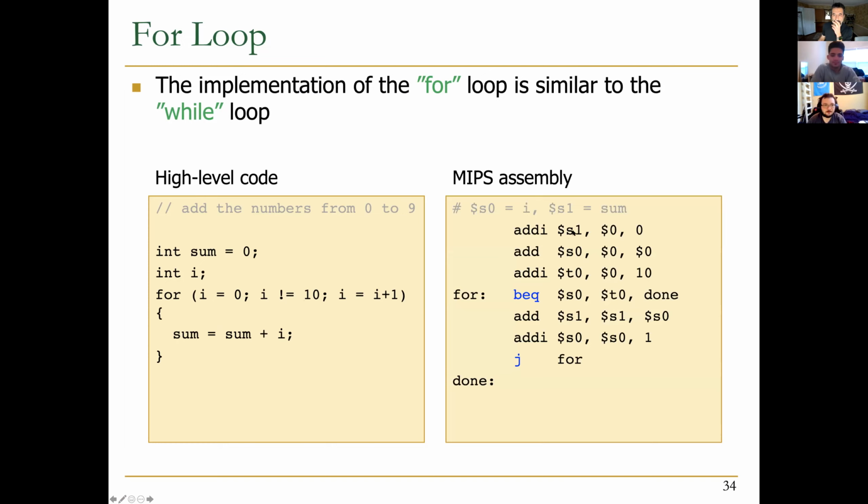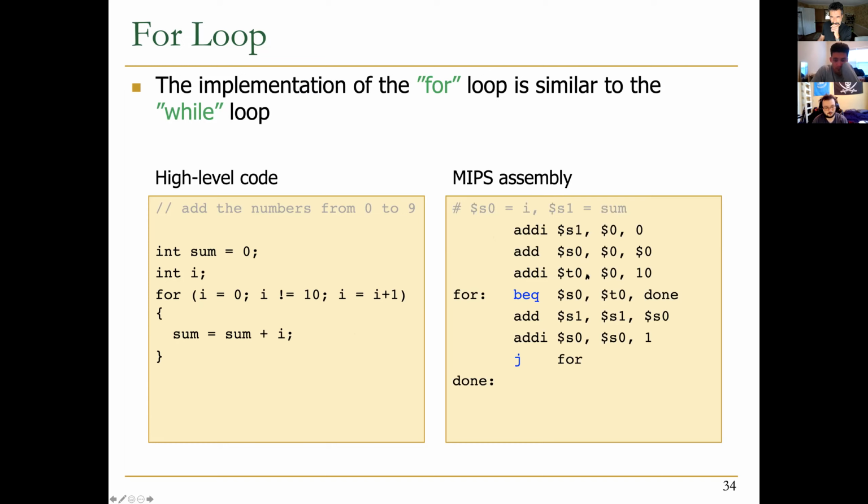Here we use add immediate in order to initialize some variable here, and then you use add to keep track of I. Is 0 to keep track of I. So we initialize S0. This line is exactly what's happening here. Okay. And add I.